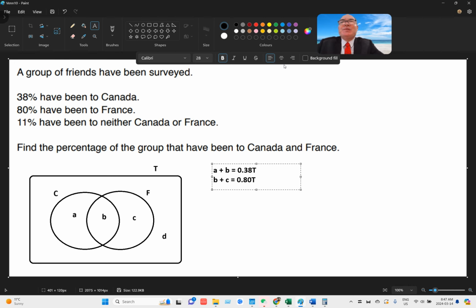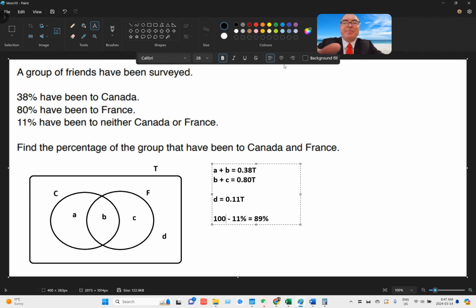11% have been to neither Canada nor France. So what I'm going to say to that is D is equal to 0.11T. And that's the tell-all right there, because if 11% have not been to either of those places, that means the rest of them are 89%. 100% take away 11% is equal to 89%, right?